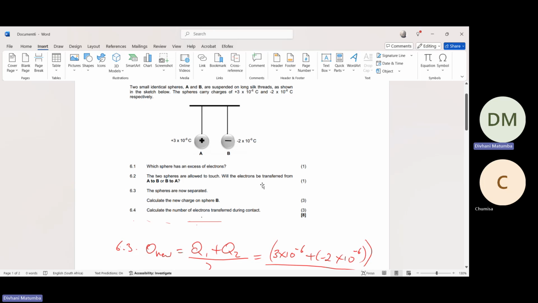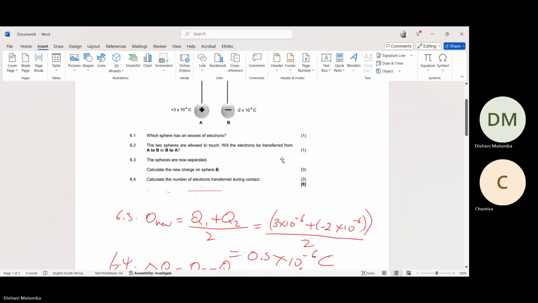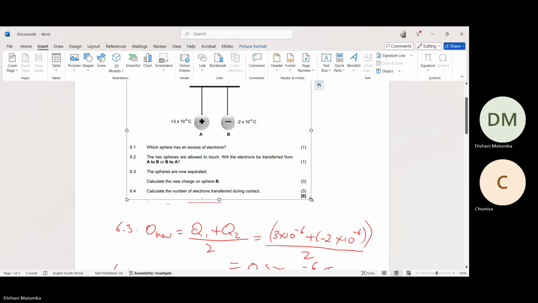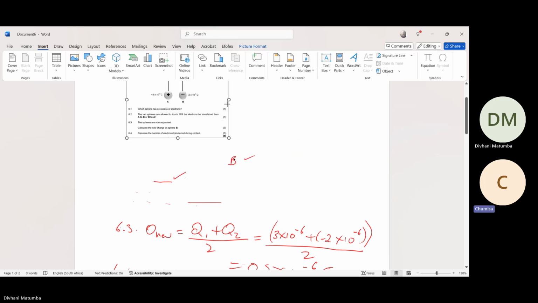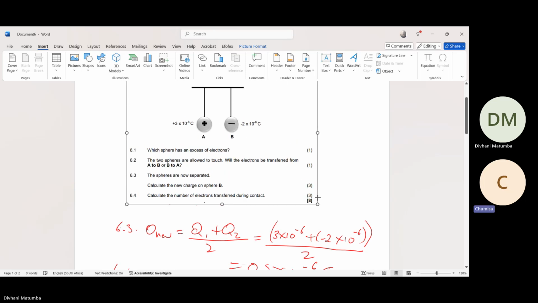Okay, so what happens when the two spheres are brought into contact together and then separated? What happens to the electrons? Can you describe the process? The electrons are transferred from one object to another.